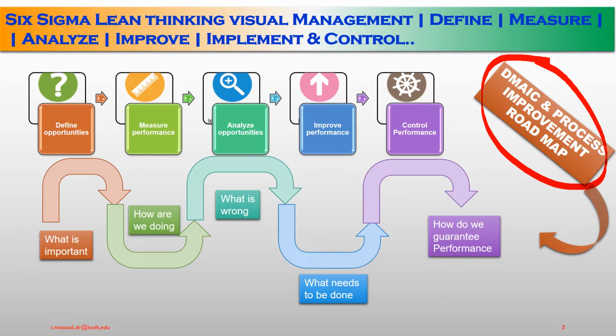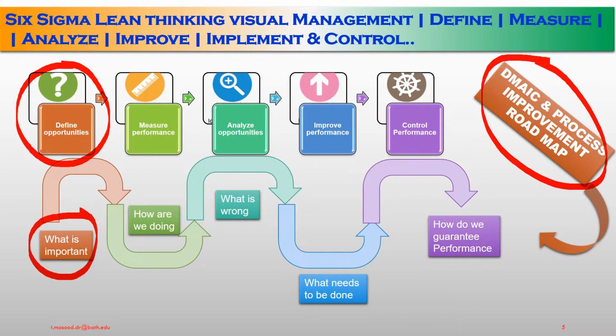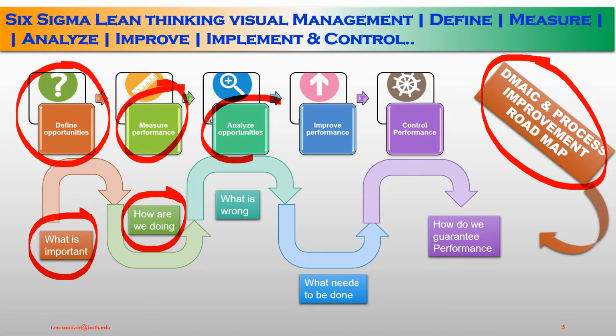If you start from left to right, first is define opportunities. So what is important basically in the first phase? Then second, measure performance and how are we doing. Number 3, analyze opportunities: what is wrong we are doing.